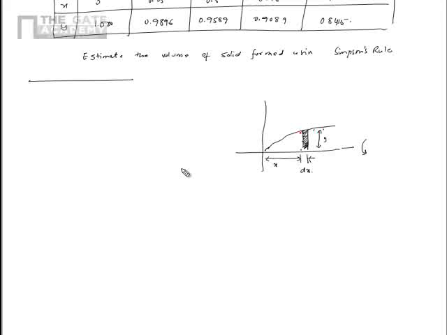So when I rotate this strip, the area of the disk will be pi y square, where y is the radius. But the volume of the disk will be the area of cross section, which is pi y square, into the thickness of the disk, dx.